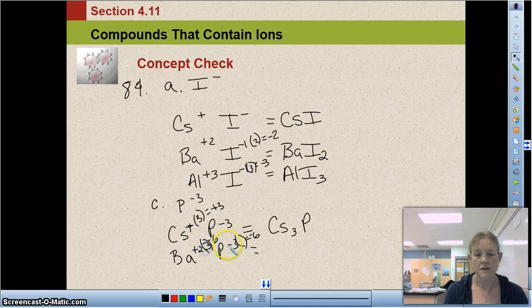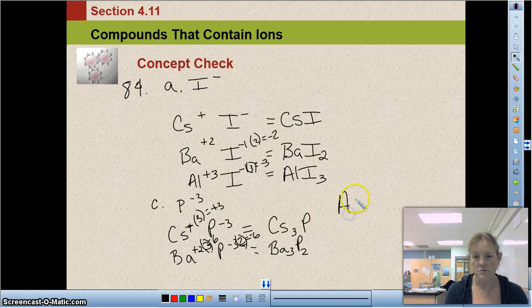That's 3. Negative 3 times what number is negative 6? That's 2. So it's going to be Ba subscript 3, P subscript 2. It's just simple math, so don't let it throw you for a loop at all. Just think about the smallest number that they both go into.